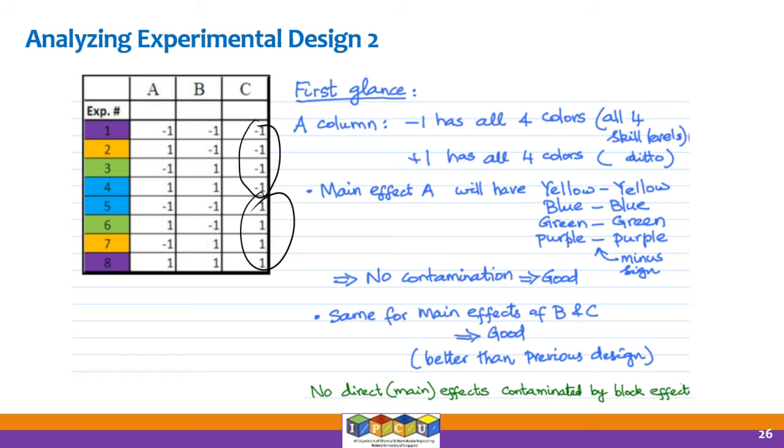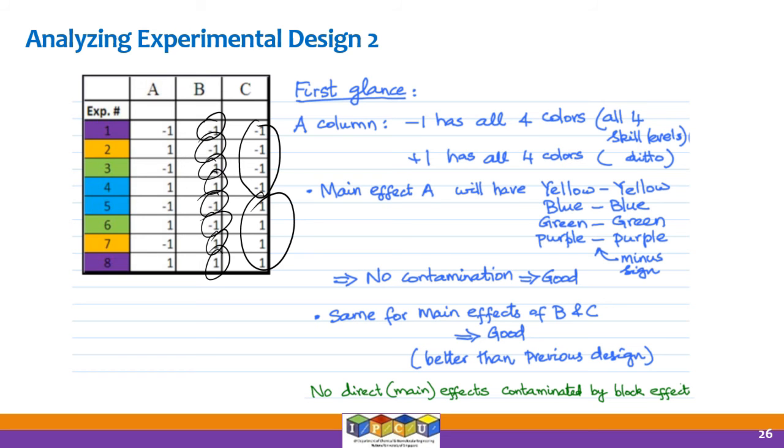If you do it for B, B equal to -1 corresponds to purple, orange, blue, and green. And B equal to +1 corresponds to green, blue, orange, and purple. All the four colors are represented for B equal to -1 and for B equal to +1. That means each of the four blocks will contain one experiment with B equal to -1 and one experiment with B equal to +1.